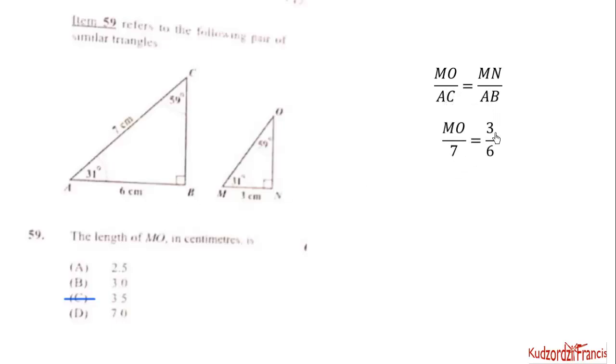MO over 7 is equal to 3 over 6. And we know 3 over 6 is the same as 1 over 2. So multiply both sides by 7. So half of 7 is 3.5 centimeters. Therefore the correct answer is option C.